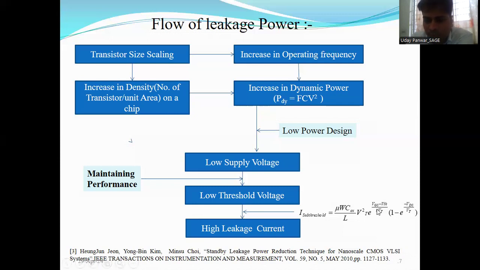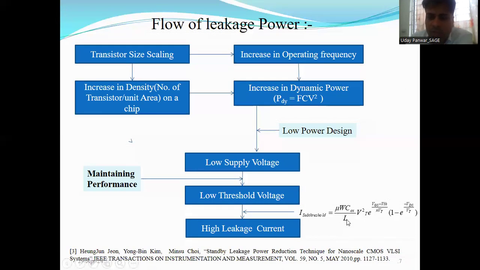In e to the power (Vgs minus Vth) upon eta V T, Vgs is the gate to source voltage, Vth is the threshold voltage of the device, and eta is the proportionality constant. It depends on whether it is a long channel or short channel device, and V T is the thermal voltage. In 1 minus e to the power minus Vds upon V T, Vds is again the drain to source voltage.